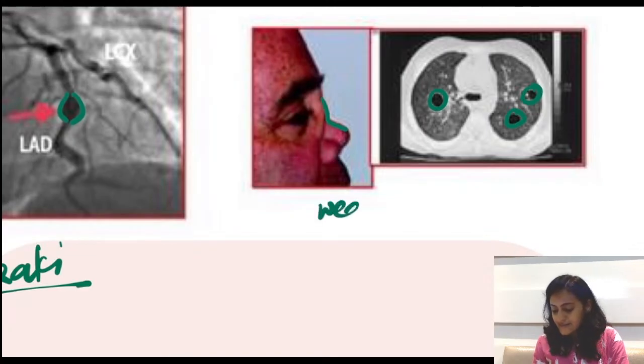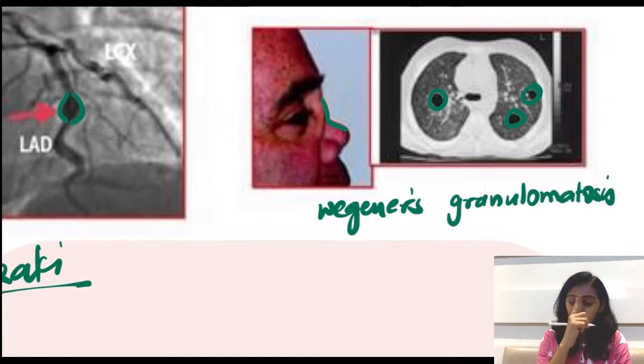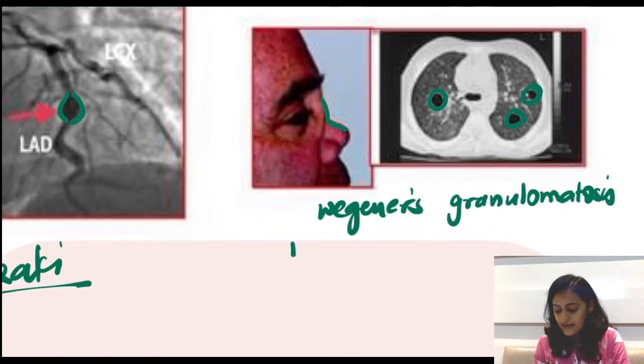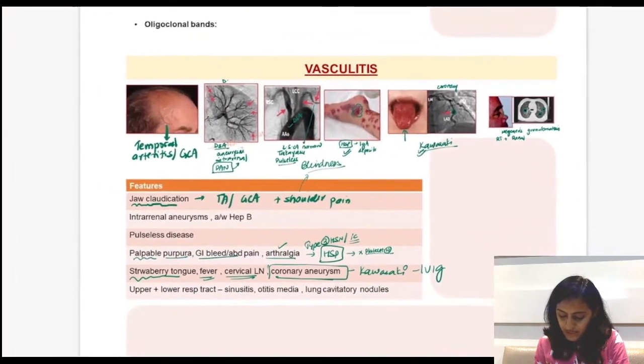Yes, this is Wegener's granulomatosis. And why Wegener's? Remember that for Wegener's, it is the upper respiratory tract plus the lower respiratory tract, that is the lungs, and the kidney that are affected. So the respiratory tract plus the renal system is affected here.